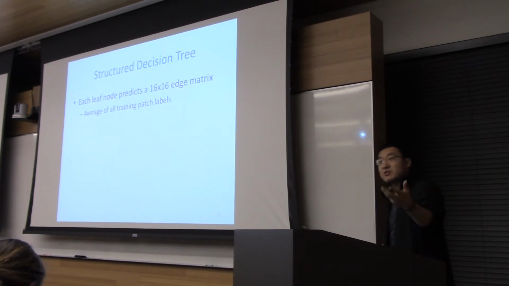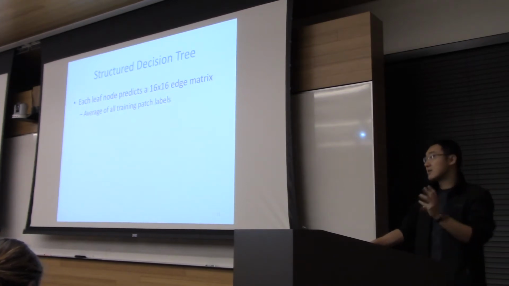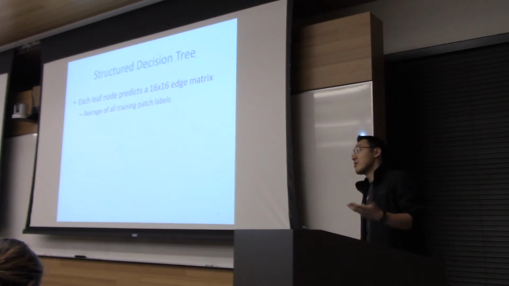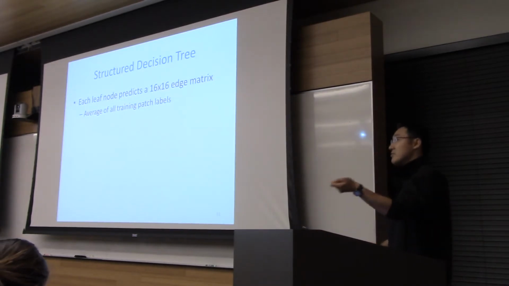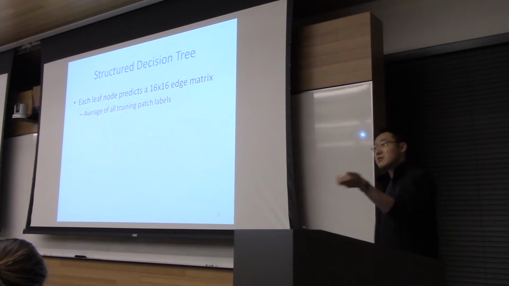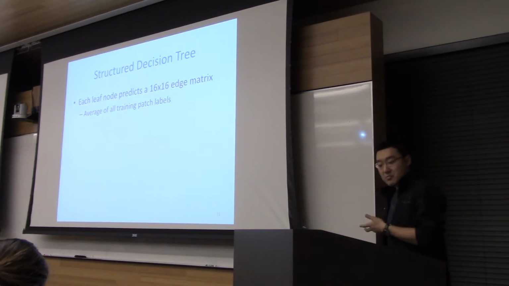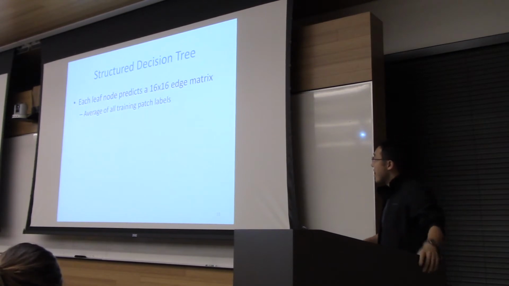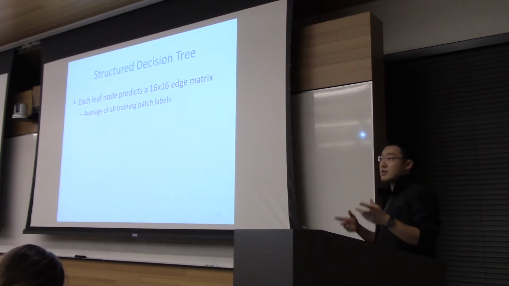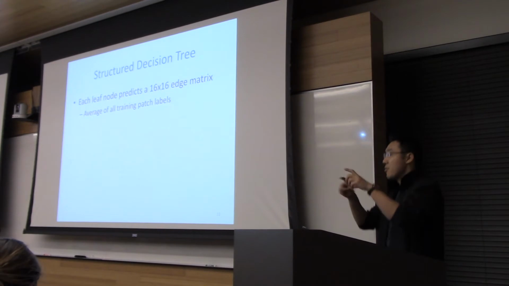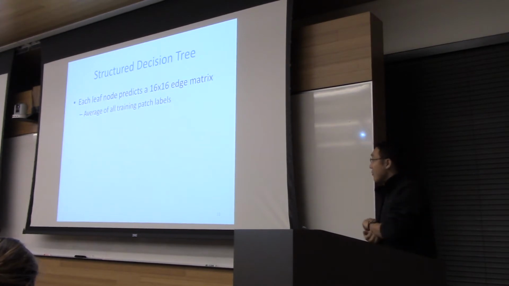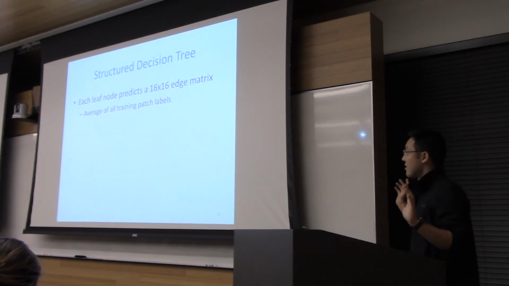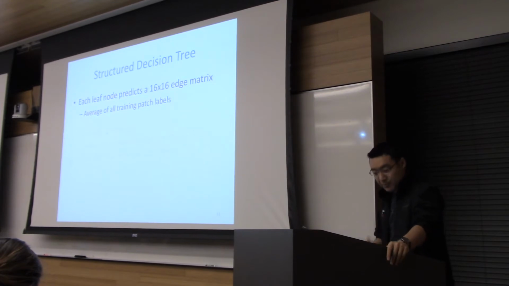And then the prediction you make at each leaf node is some kind of averaging or aggregation of the supervised labels of the training examples that got partitioned to this leaf node. And so here, if we had some way of constructing such a partitioning, then every leaf node is basically a collection of 16 by 16 image patches with their supervised labels, and we'll simply predict the average label of all the training patches, right?